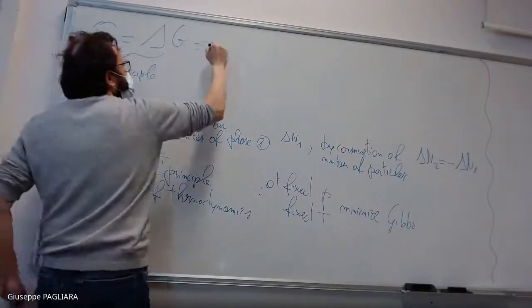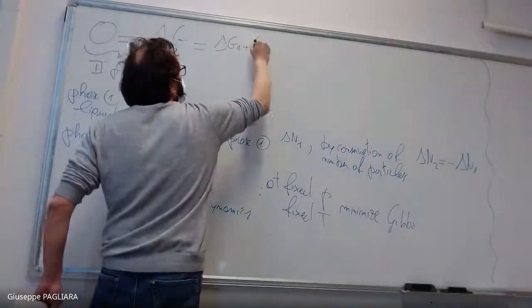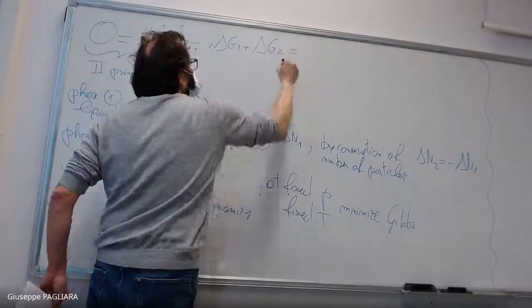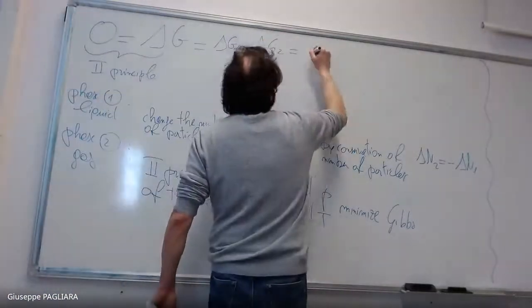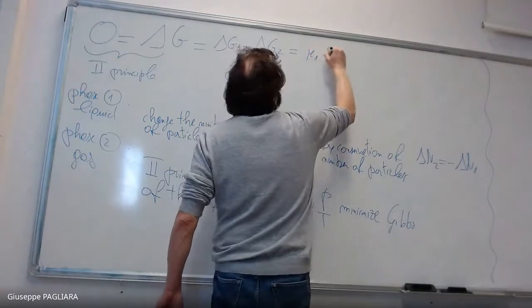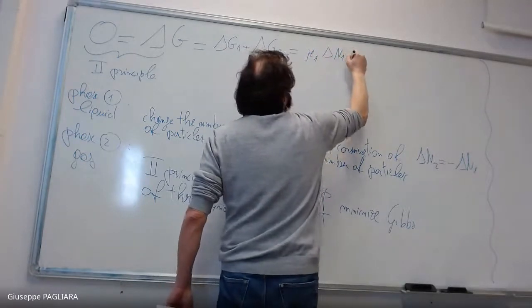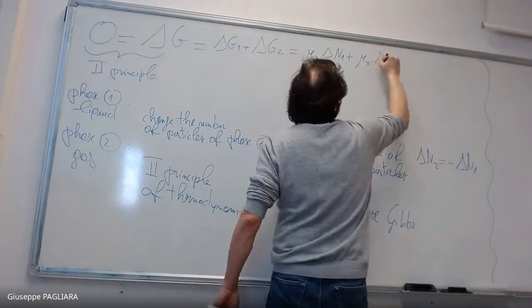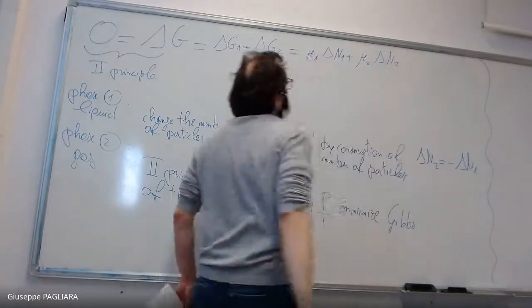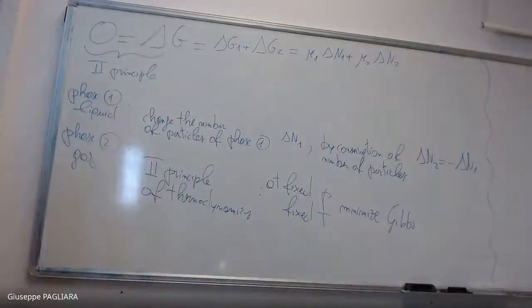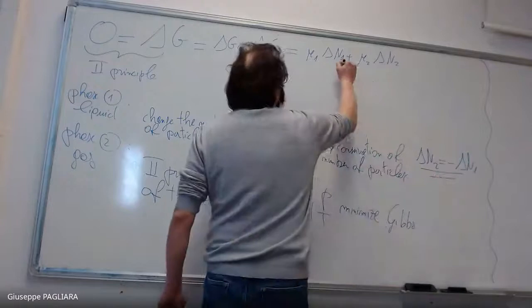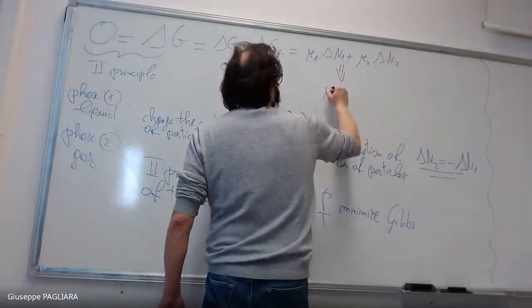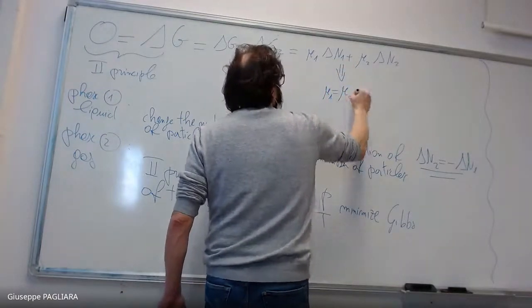And now this delta G is delta G1 plus delta G2, which is mu1 delta N1 plus mu2 delta N2. And now, since delta N1 and delta N2 are one the opposite of the other, by using this equation, that implies that mu1 is equal to mu2.